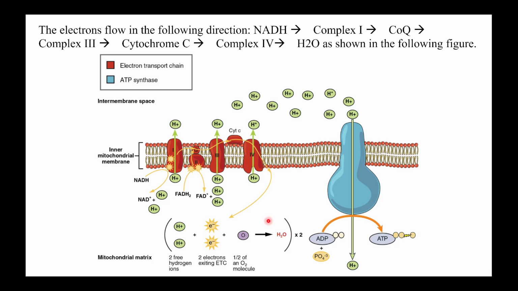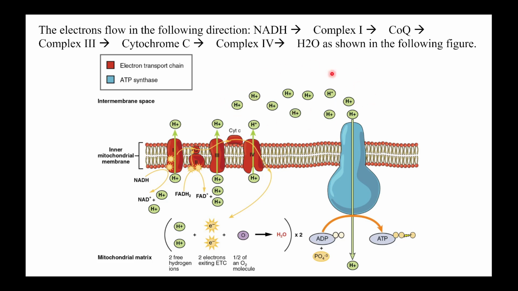That's clear to everybody, right? And then after the flow of electrons, every time the electrons are transferred from one complex to another, some protons are pumped from the mitochondrial matrix to the intermembrane space, and that creates a proton gradient.